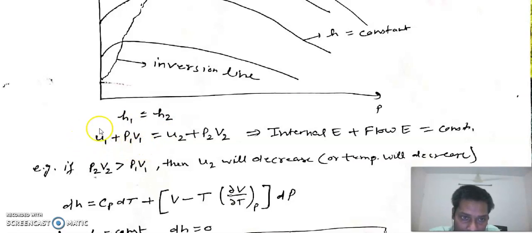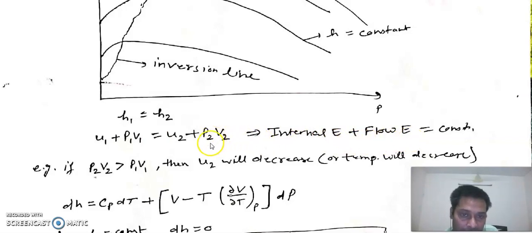U1 is internal energy and P1 V1 is flow energy. It means enthalpy is the summation of internal energy plus flow energy. So this enthalpy, U1 plus P1 V1, is constant. It means the summation of internal energy and flow energy is constant.